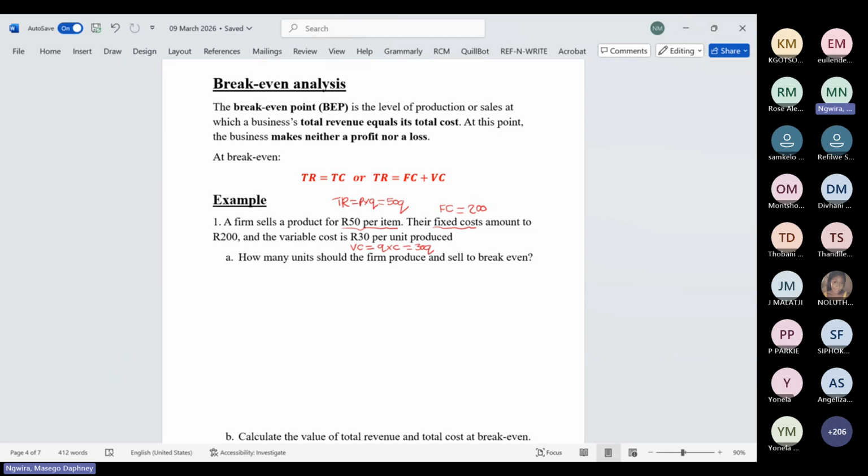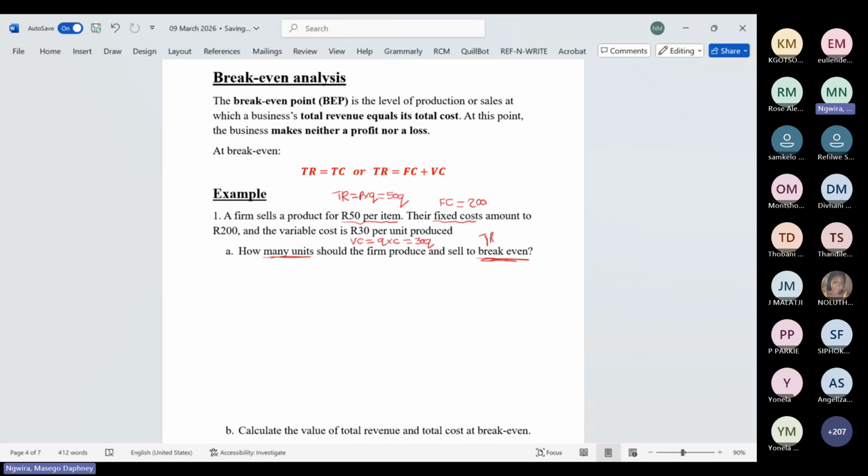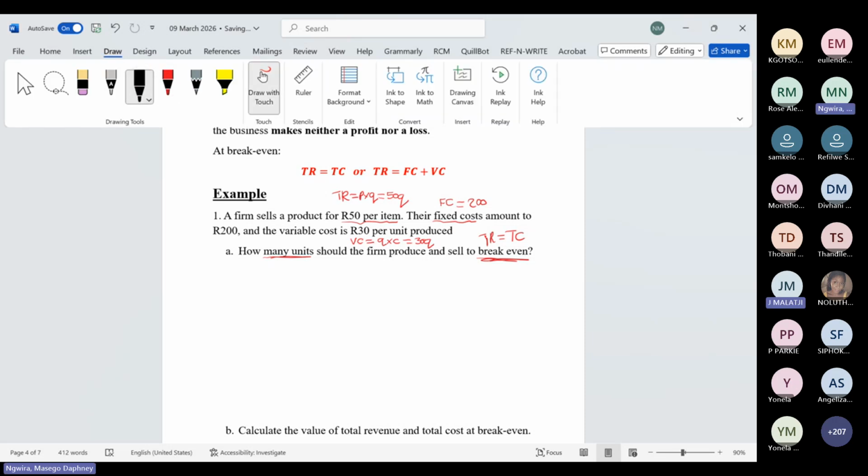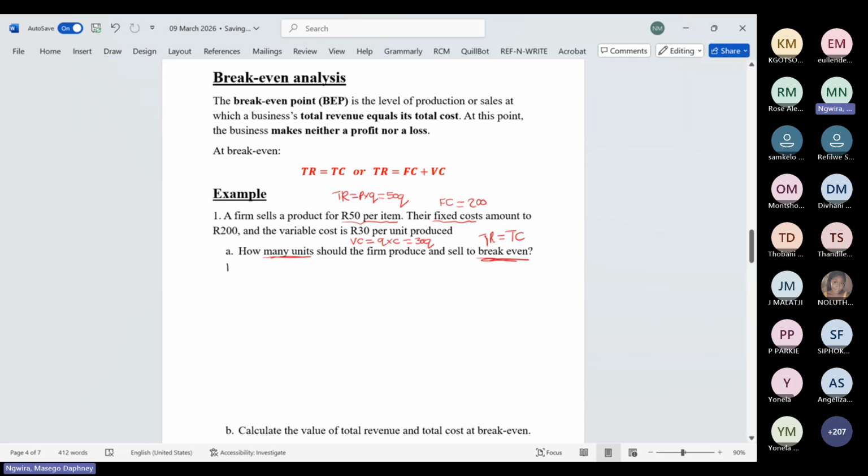When we say how many units, we are looking for Q. Remember, for break even we use total revenue equals total cost. So TR equals FC plus VC, because our total cost is FC plus VC.